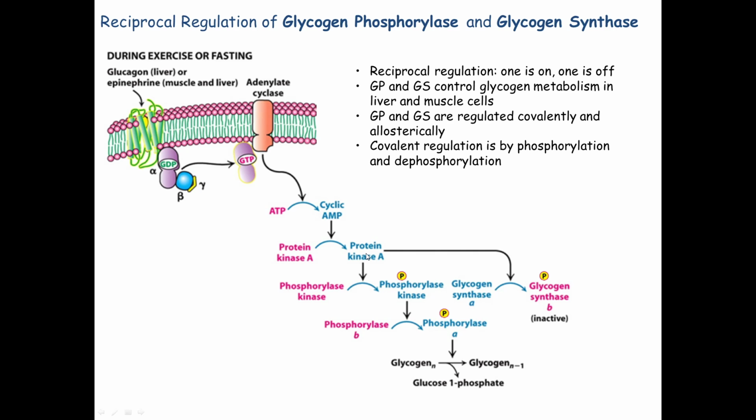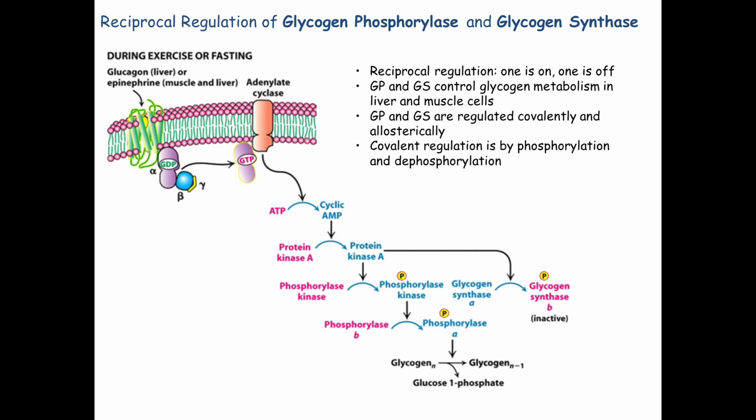Protein kinase A also does what kinases do. It phosphorylates glycogen synthase. And glycogen synthase goes from its A form to its B form. Again, B is less active. It does so with the phosphate this time. It's the reverse scenario from the kinase over here. So glycogen synthase gets turned off when it's phosphorylated.